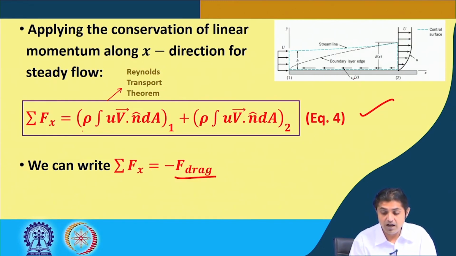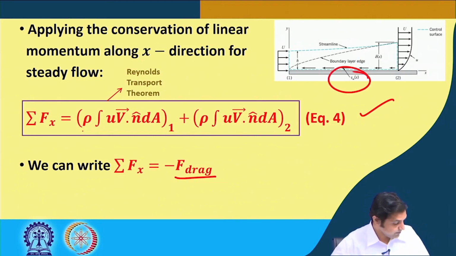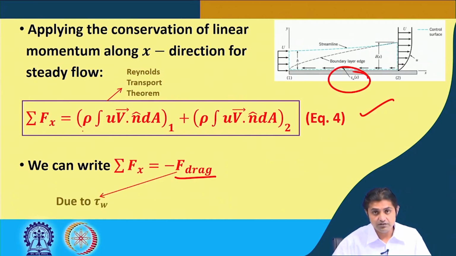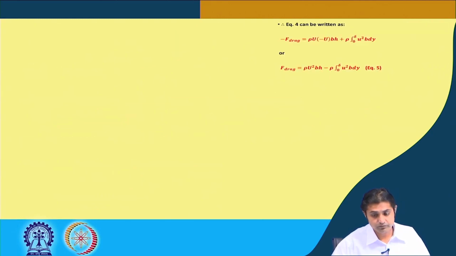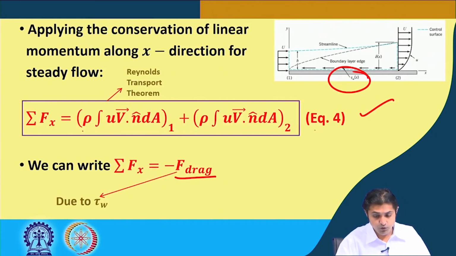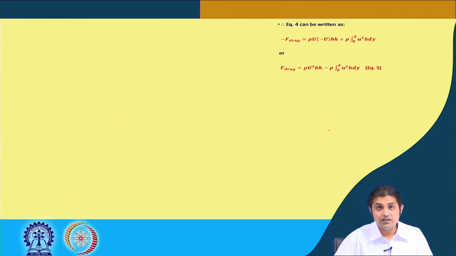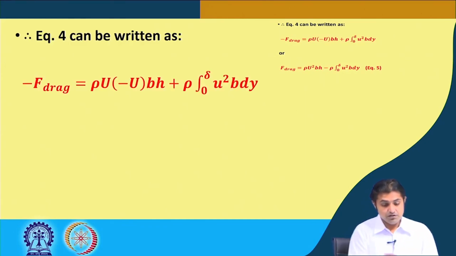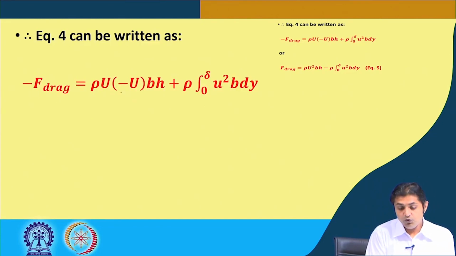So, drag will happen because of this shear stress here, okay, and this is, as I told, is due to tau w. All right. Now, this equation number 4 can be written as minus F drag. So, this is the equation. We write rho U minus U into bh plus integral 0 to delta u square b dy.